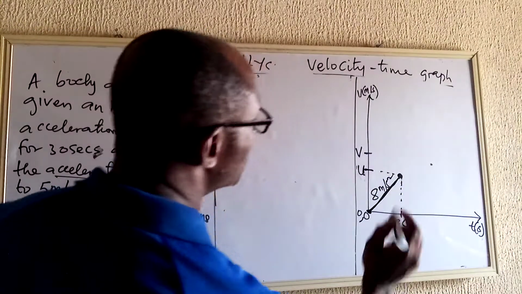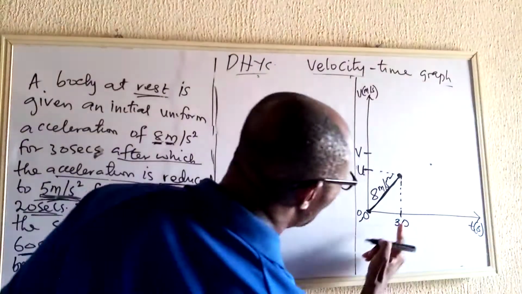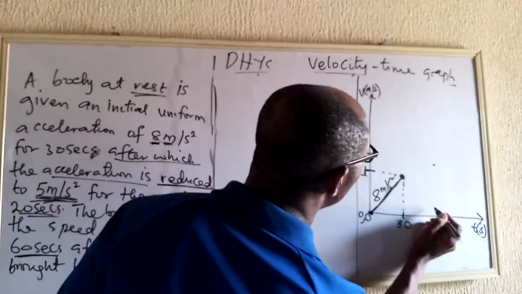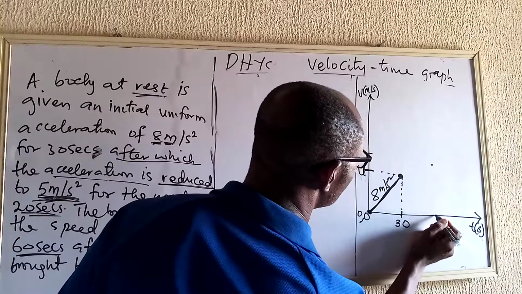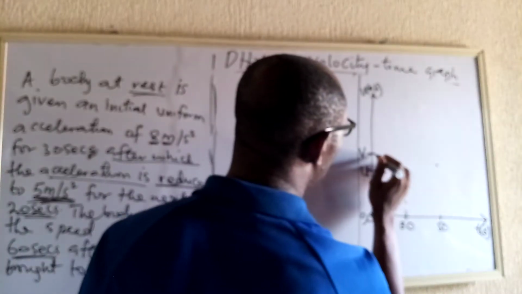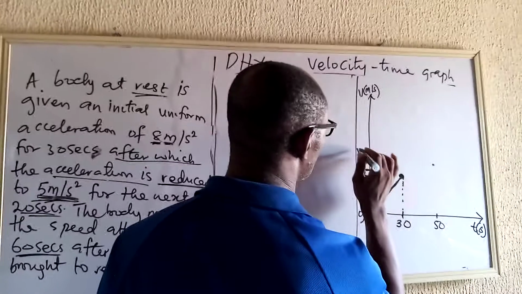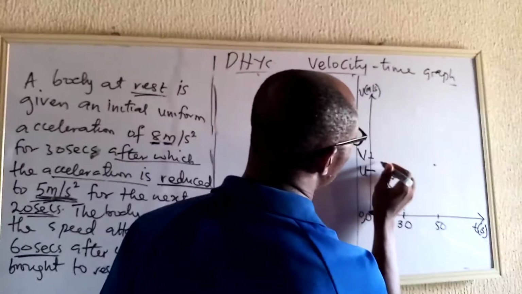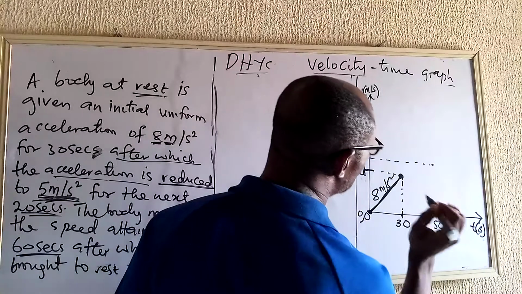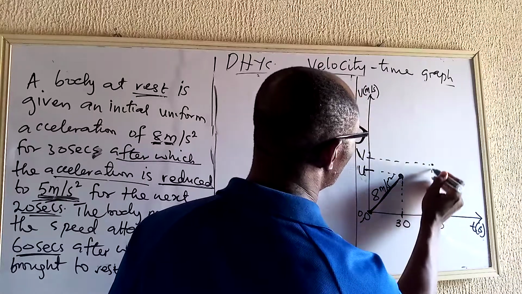So the time given is 20. I'm going to add 20 to 30 to make it 50. So I will trace the line of the new velocity, which is V, horizontally, and I will trace that of time vertically.